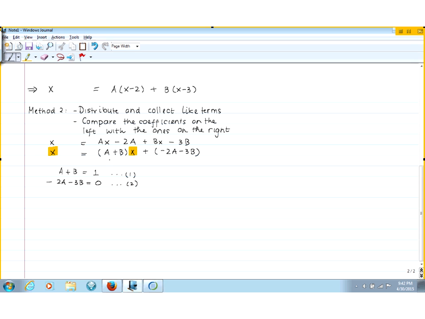So a plus b, the coefficient of x on the right, is equal to the coefficient of x on the left. So a plus b is equal to 1. And then what about the constant? There is none here, so 0. So the constant on the right must equal 0. Then we solve using elimination or substitution. So we're not done here.